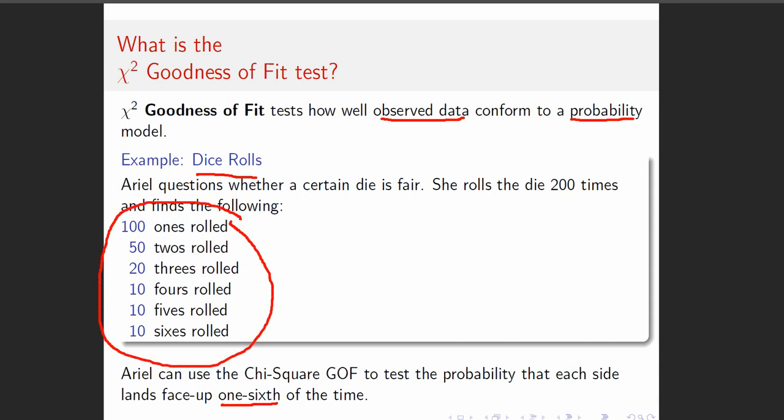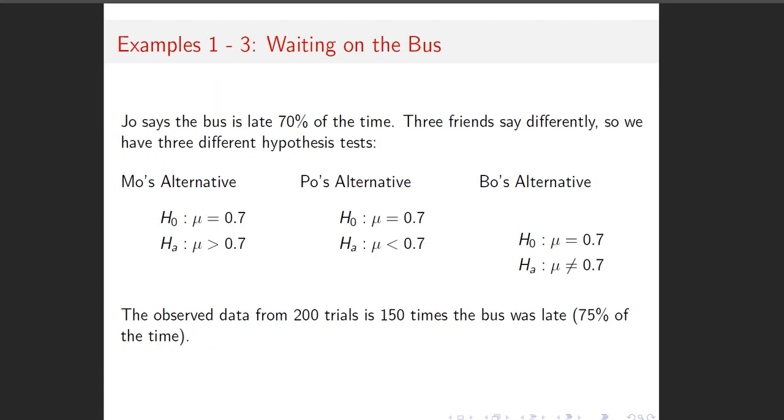So Ariel can use this question and set up the probability model based on the probabilities of 1/6 and see this observed data based on her 200 times that she rolled the die, and she can determine scientifically whether or not the die is fair. Okay, so that's basically what we're using the chi-squared goodness of fit test to do, to test some probability model.